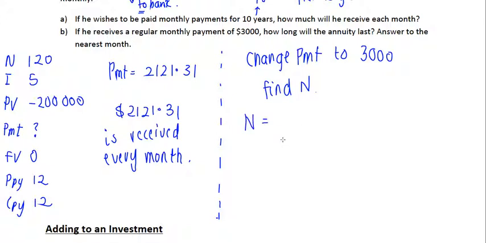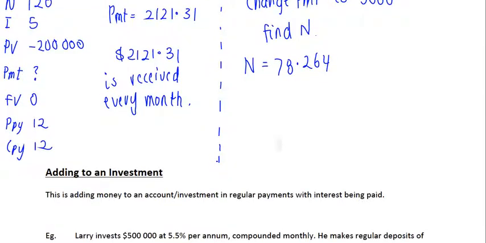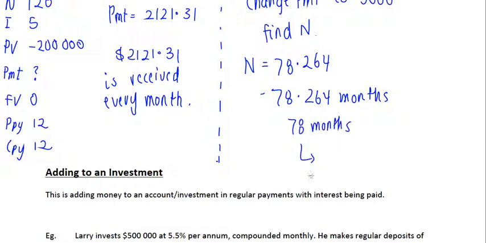Put that into the finance solver and you get N is 78.264. So this is equal to 78.264 months. And because it says round to the nearest month, this is simply 78 months. You can convert that to years if you want to. That would be 6 years, 6 months.